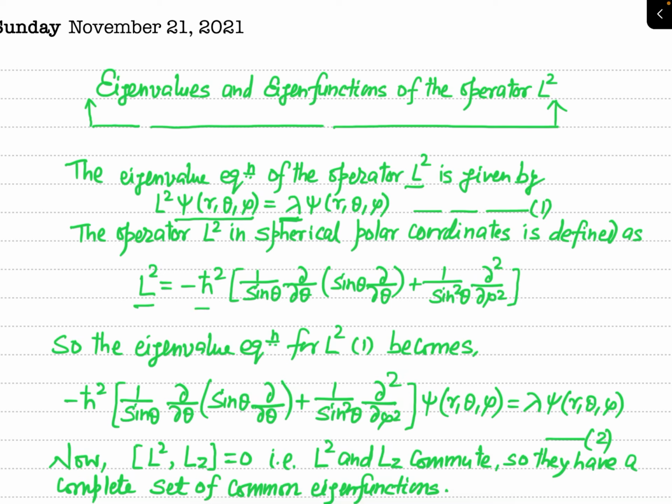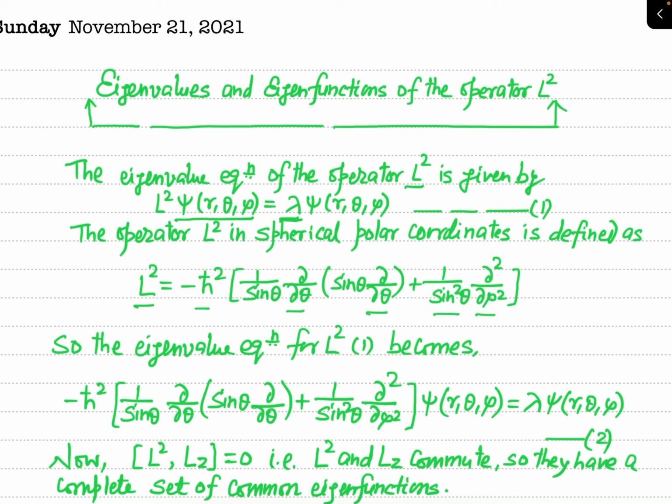L square in a spherical polar coordinate system is minus h bar square times [1 over sine theta del by del theta of sine theta del by del theta plus 1 over sine square theta del 2 by del phi square]. This is the expression for the L square operator in a spherical polar coordinate system. Now use this expression of L square in equation 1.